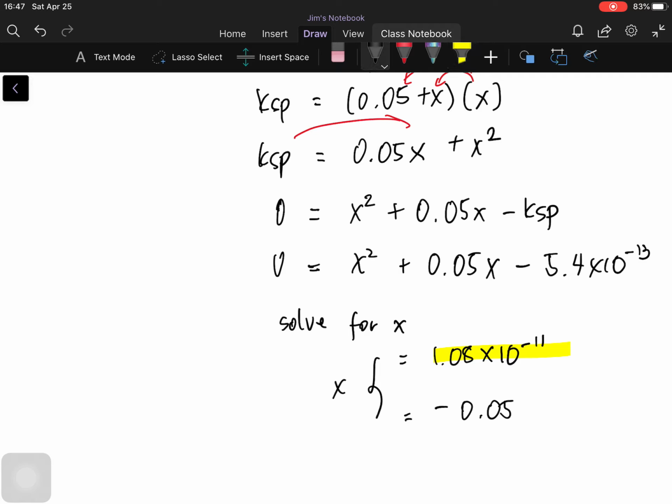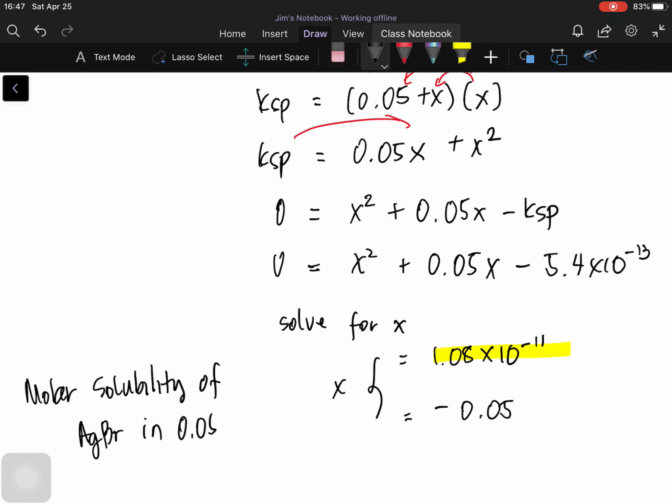That means this is the molar solubility of silver bromide in 0.05 molar silver nitrate solution. That's equal to 1.08 times 10 raised to negative 11 molar.